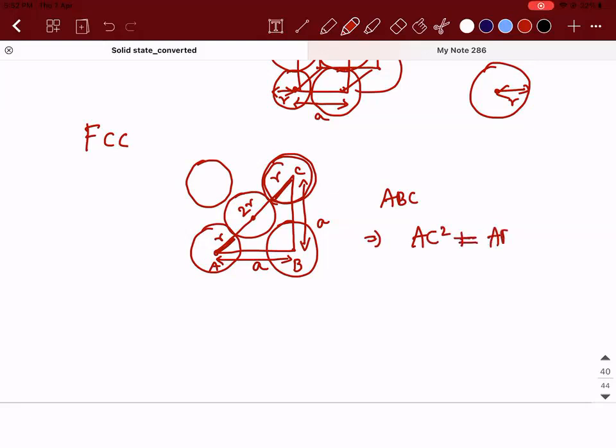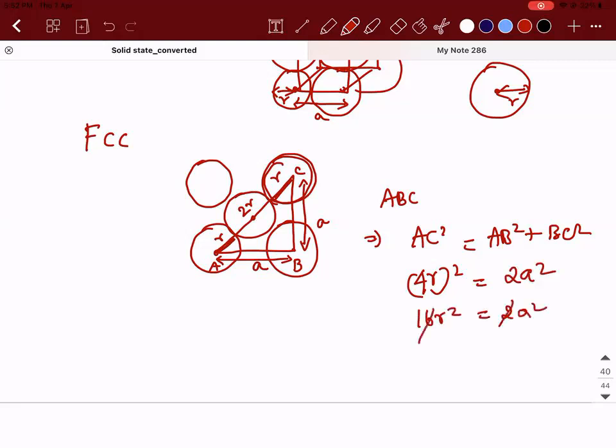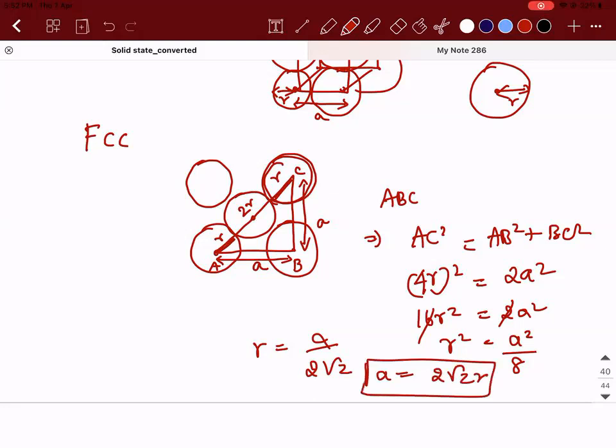AC square is equal to AB square plus BC square. You will calculate on yourself. This is 2A square. So 16R square is equal to 2A square. It is like R square is equal to A square by 8. So R is equal to A by 2 root 2. A is equal to 2 root 2 R.